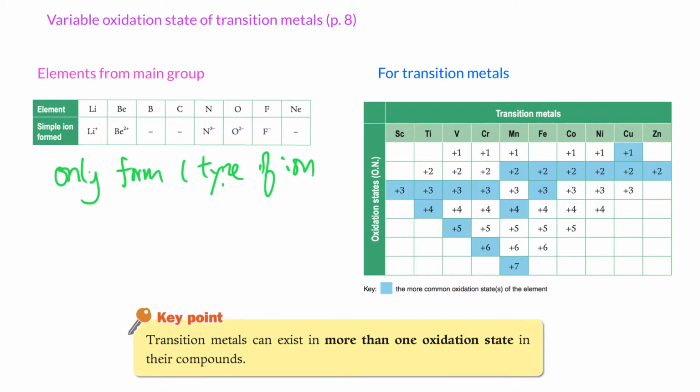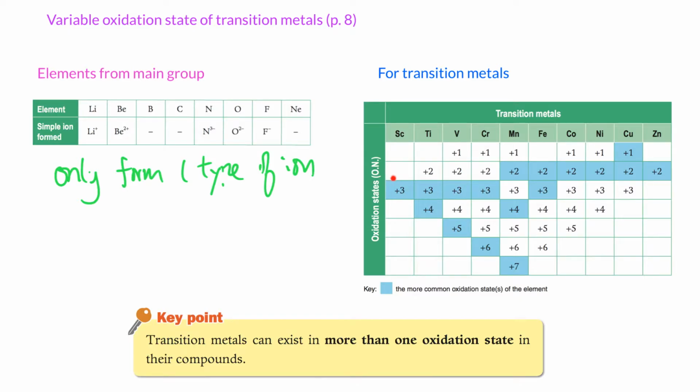They seldom form more than one ion. However, in transition metals, you will find that they have a lot of ions. Ti can have +2, +3, +4. Manganese can go from +1 all the way to +7. Maybe they are not forming a simple ion, but they can form compounds in different oxidation states.